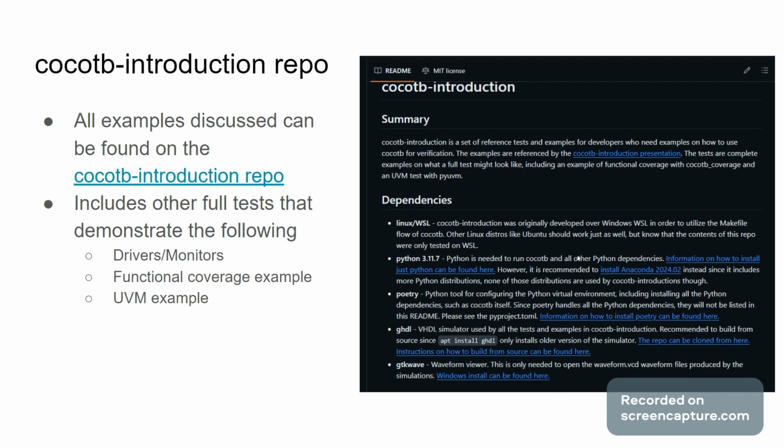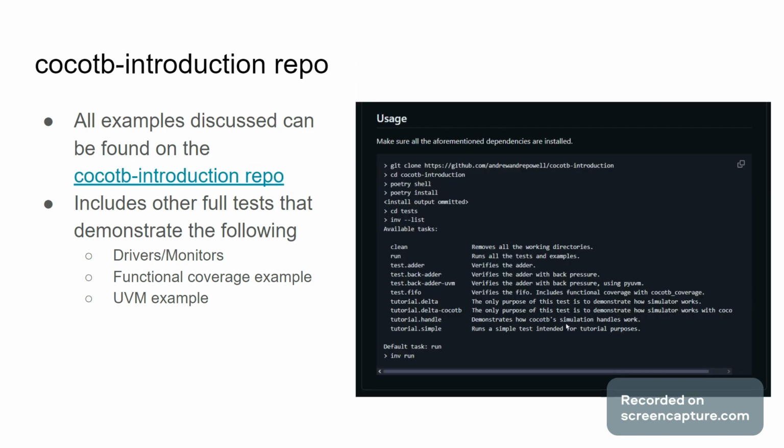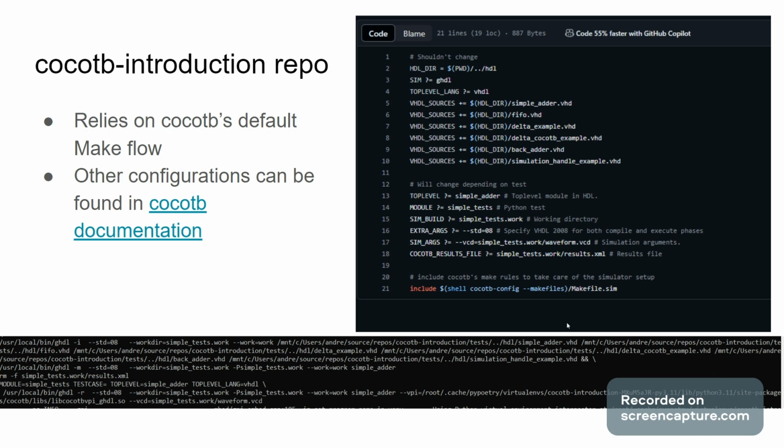I did use a bunch of features from VHDL 2008 to write up the examples, so just keep that in mind. And then of course I use GTKWave to view the waveforms, the VCD files that are produced by GHDL.